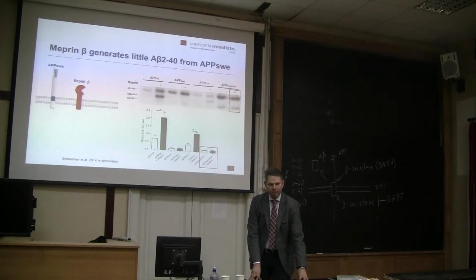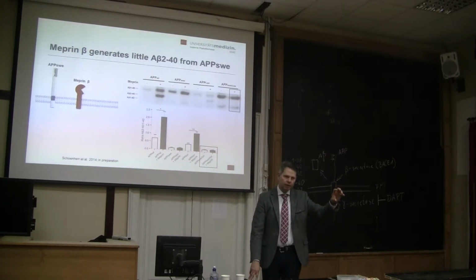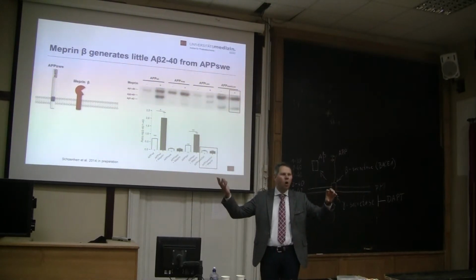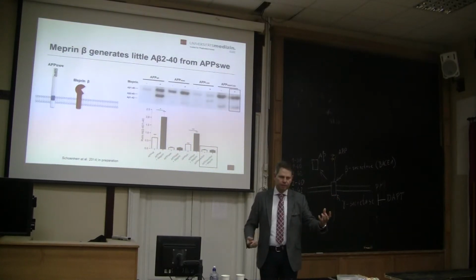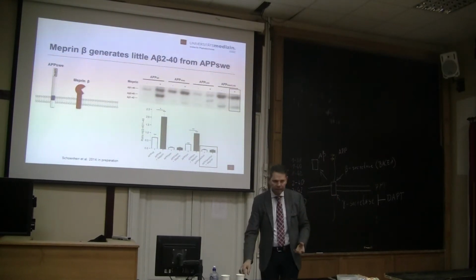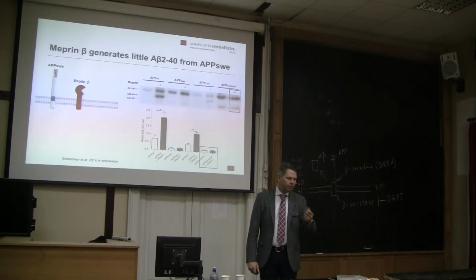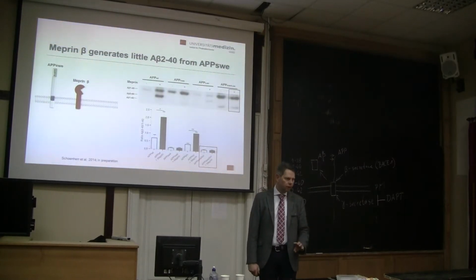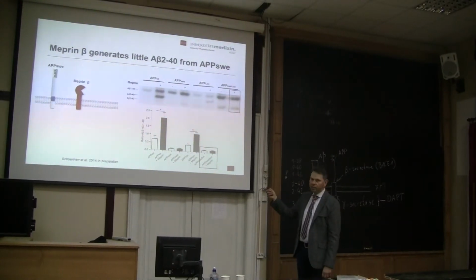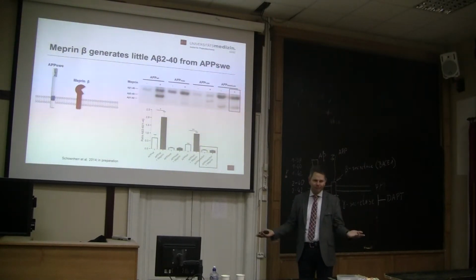And mimicking Alzheimer's disease in mice means we have to have plaques in mice, as in AD patients, and you only generate plaques in mice when you have a lot of Aβ peptides. And you can get only a lot of Aβ peptides when you use a human APP with a Swedish mutation in a mouse. So all the mouse models that are useful have APP Sweden here. So when we now want to look for MEPRIN activity in these mice, that's useless.